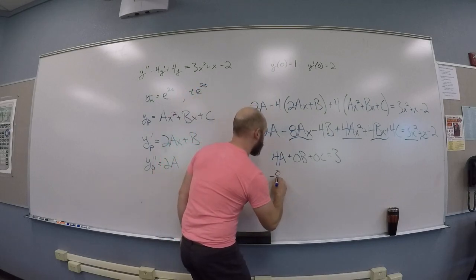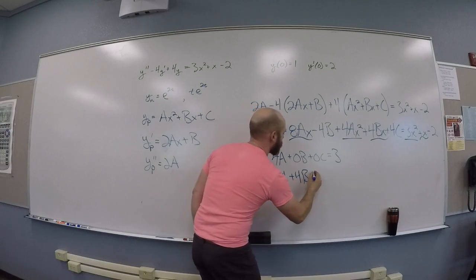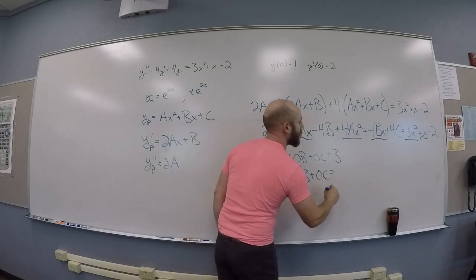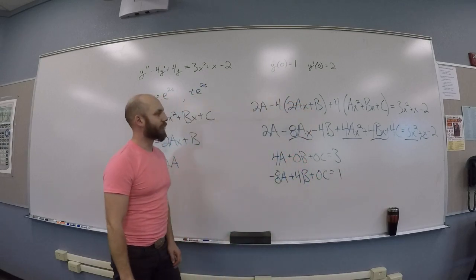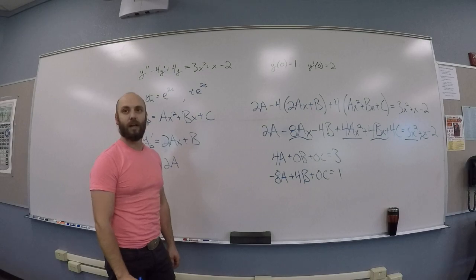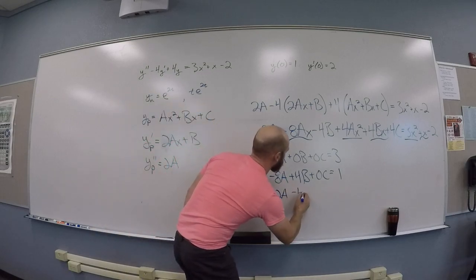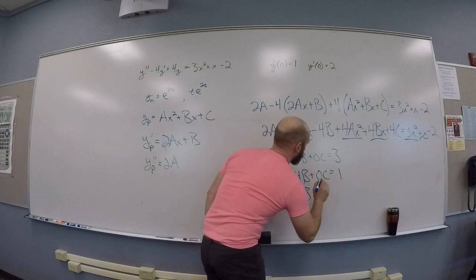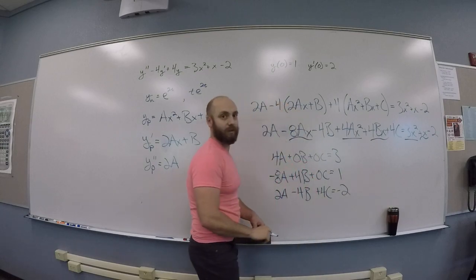So that's minus 8a plus 4b plus 0c is 1. And then everything that's left is your last equation. So that would be 2a minus 4b plus 4c is minus 2.